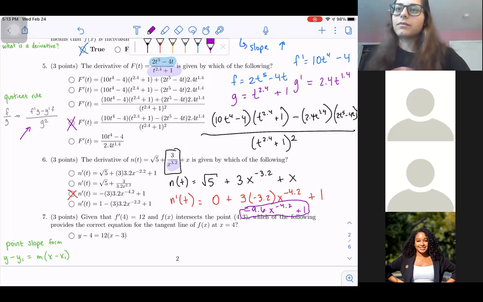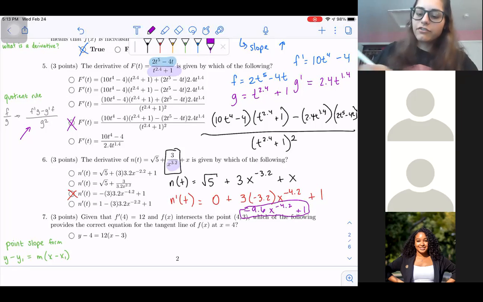Where did the 0 come from? Okay, so the 0 came from, yes, perfect. Thank you, Tyler. That is exactly right. Square root of 5 is just another number, right? It's just a constant. Whenever we take the derivative of a constant, just a plain old number, no variables attached, the derivative is always 0.